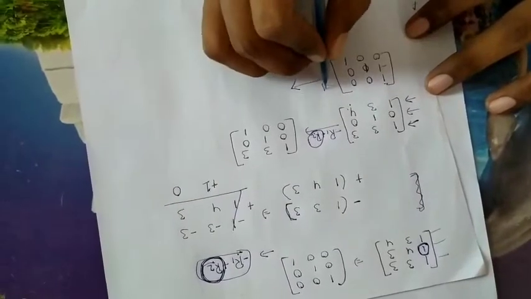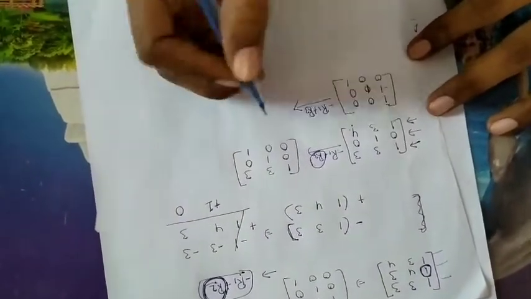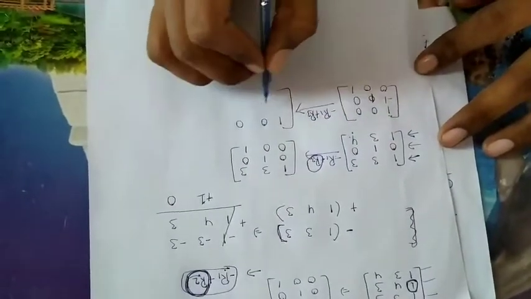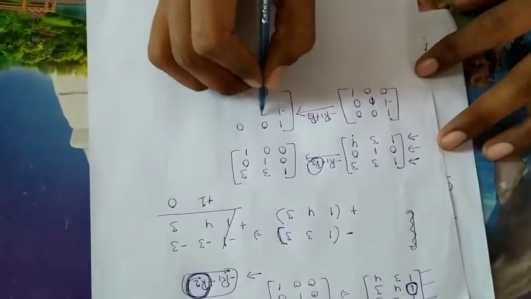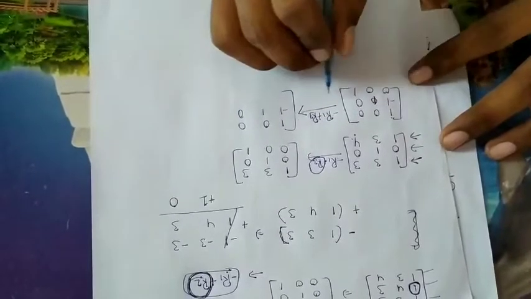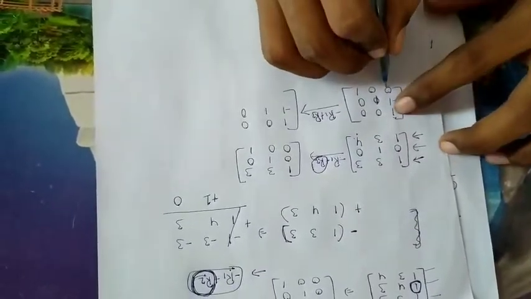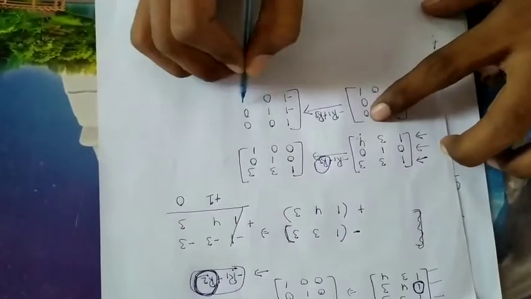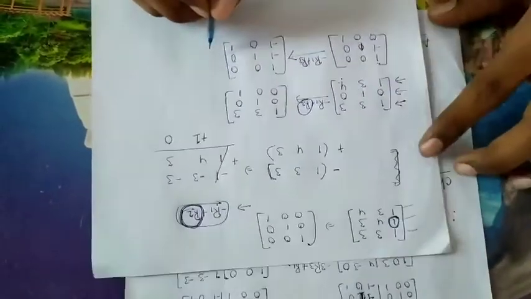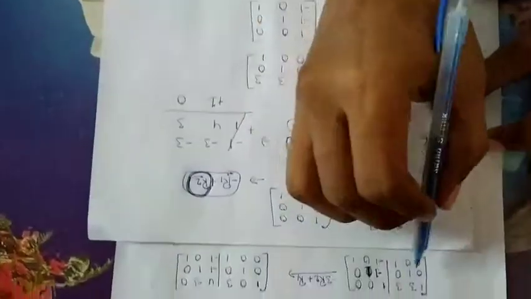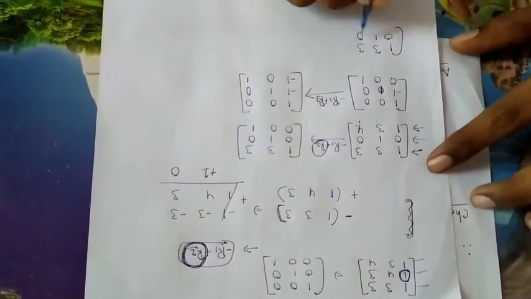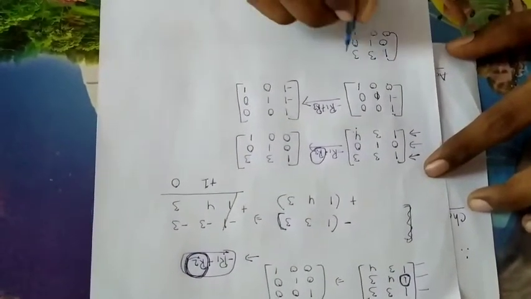In this also minus r1 plus r3, and the resulting matrix is 1 0 0, minus 1 1 0, and the third row becomes minus 1 0 1. So again the matrix becomes 1 3 3, 0 1 0 and 0 0 1.